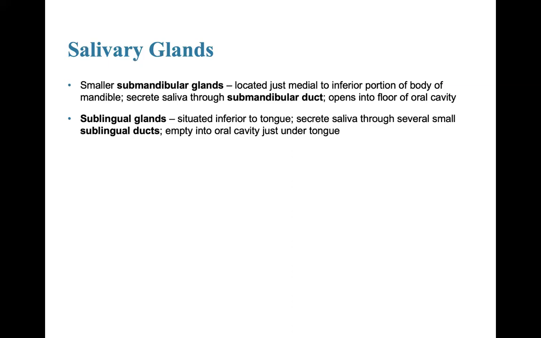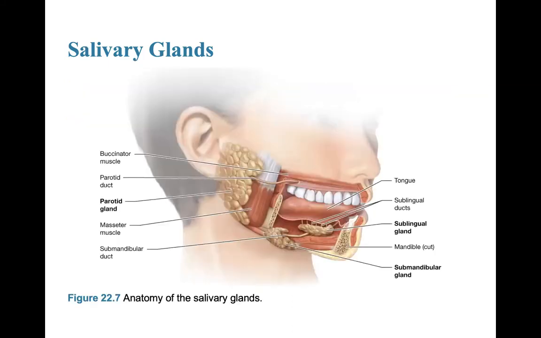The sublingual glands, these are situated inferior to the tongue. They secrete saliva through several small sublingual ducts, and they empty into the oral cavity just under the tongue. And here you can see we have our parotid glands here. Here's a submandibular underneath the mandible, hence its name, sublingual underneath the tongue.